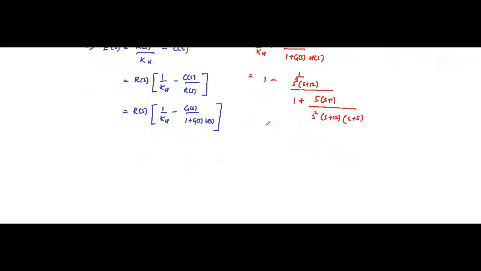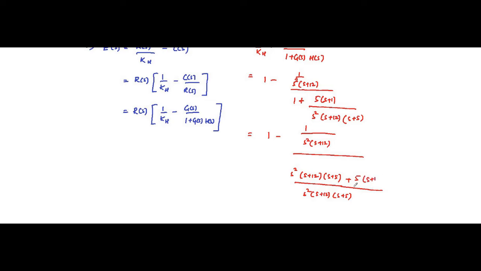It will be equal to 1 minus 1 by s square into (s plus 12), divided by, in the denominator, s square into (s plus 12) into (s plus 5), plus 5 into (s plus 1).